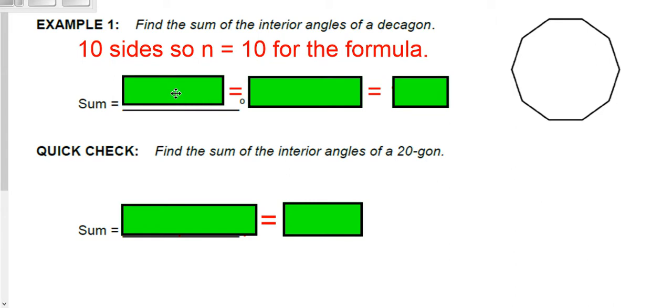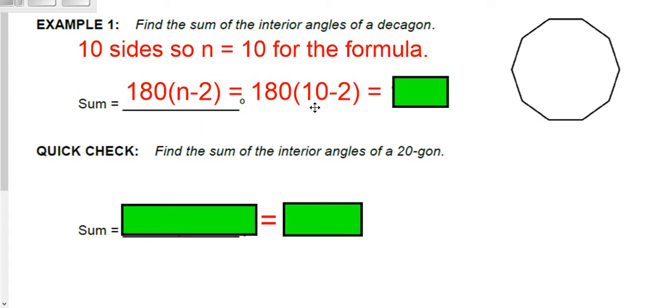So we look at our formula again. The sum of all these angles equals 180 times n minus 2, or 180 times 10 minus 2, where 10 is the number of sides or angles. And you put that into your calculator, you should get 1,440. All of these angles will add up to 1,440 degrees.